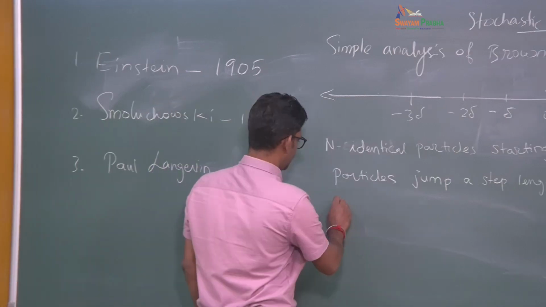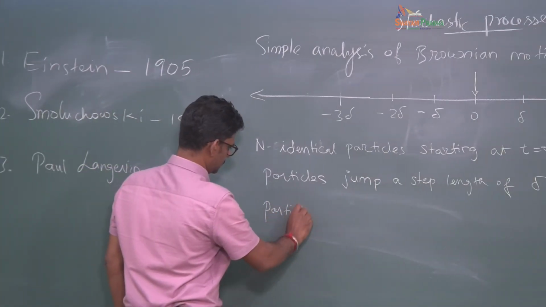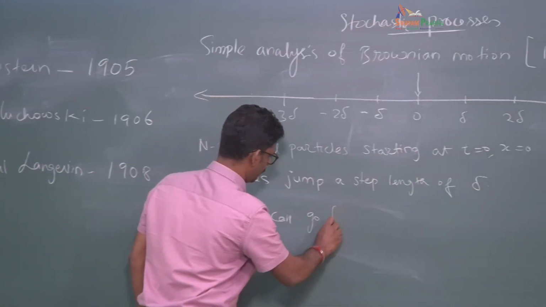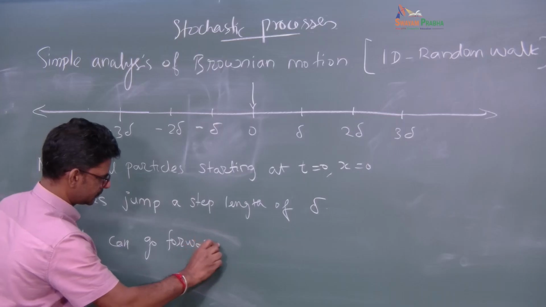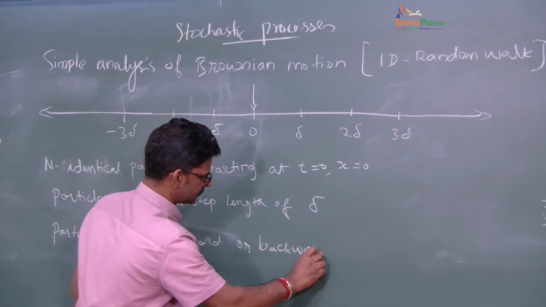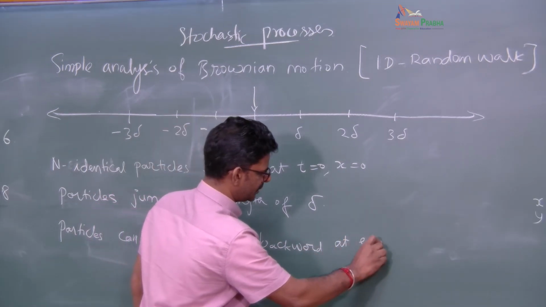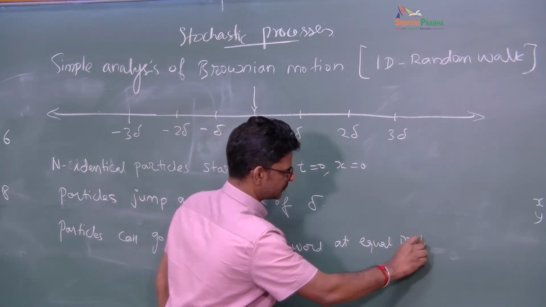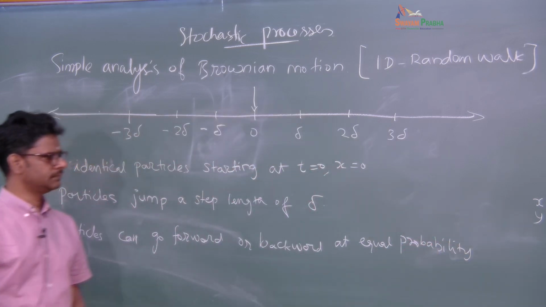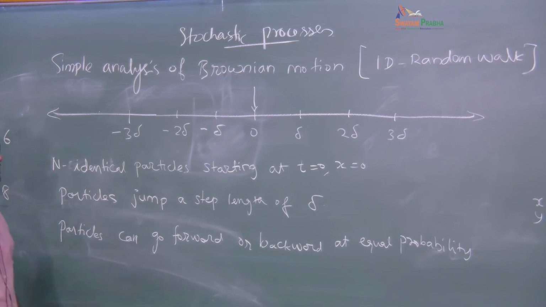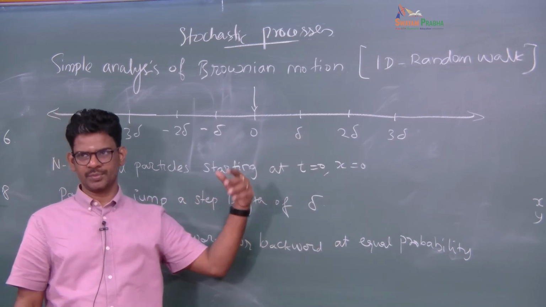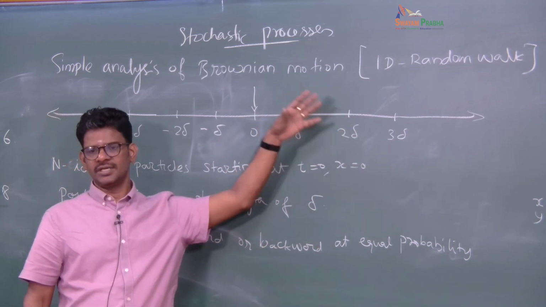So particles can go forward or backward at equal probability. So here we have only two options. When you say equal probability, I mean 0.5 to the left and 0.5 to the right.